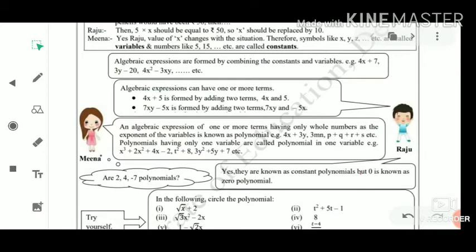The polynomial can be defined in many terms, right? It can be an expression of a single term, two terms, three terms, or four terms.